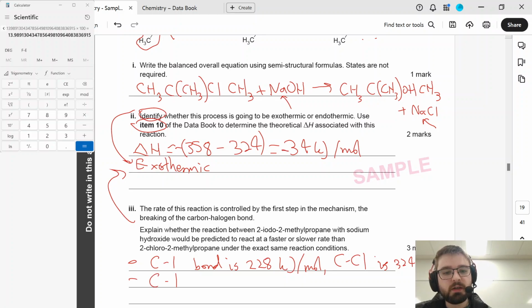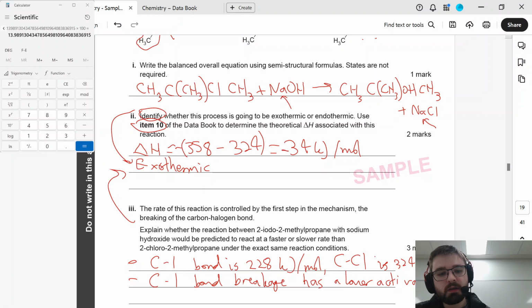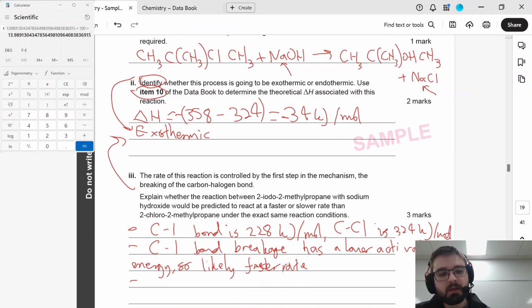So C-I bond breakage has a lower activation energy, so likely faster rate, therefore 2-iodo-2-methylpropane reacts faster. Wow, if only I could stay on the line.